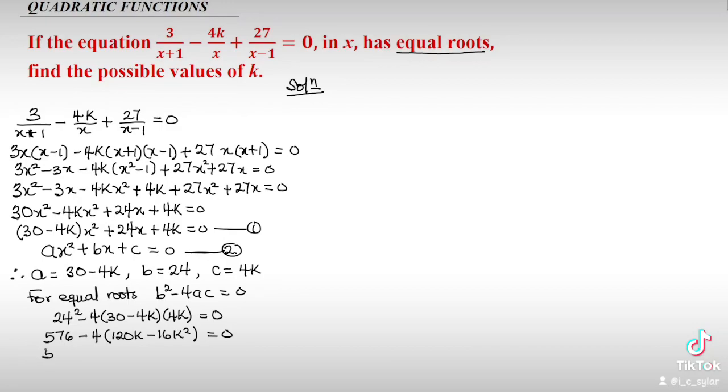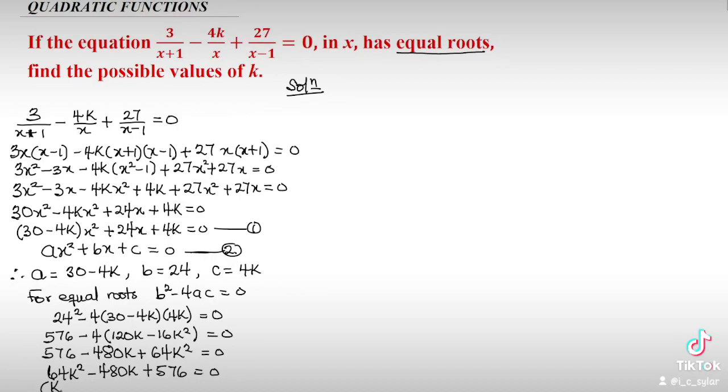We expand again. 576 minus 480k, then plus 64k squared, and this gives us 0. Rearranging this, I'm going to have 64k squared minus 480k plus 576 equals 0.